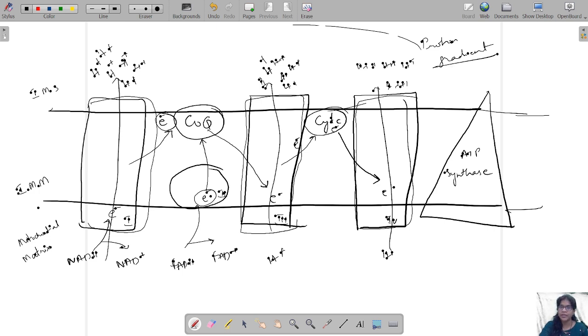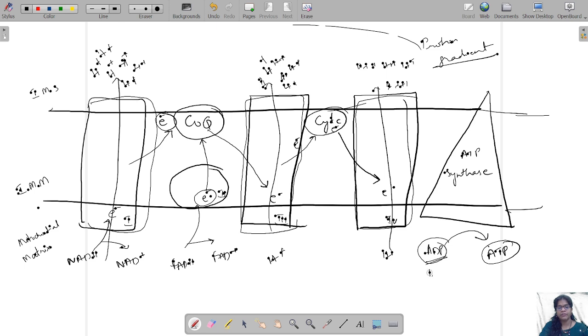Now the phosphorylation has to happen, and you know that ADP is a low energy particle, right? It has to be phosphorylated into a high energy particle called ATP, and for that to happen you need a lot of energy.